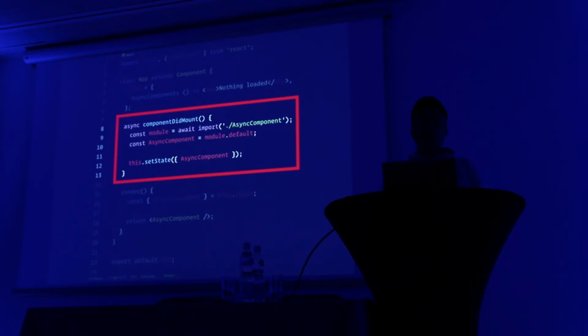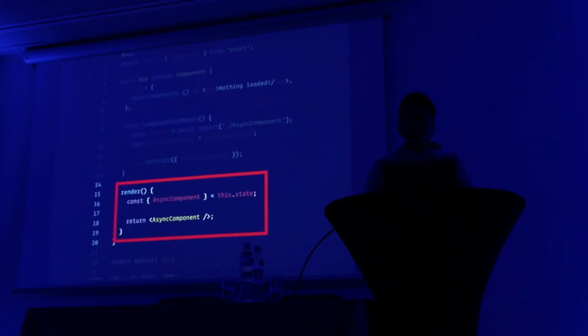After we have received it, we simply assign it to a variable called asyncComponent, and in this case, pass it to our state by calling the setState function. Because we have changed our state, the component will perform a re-render and show our newly added async component. So the render function will return either the nothing-loaded div or the asynchronously loaded component.